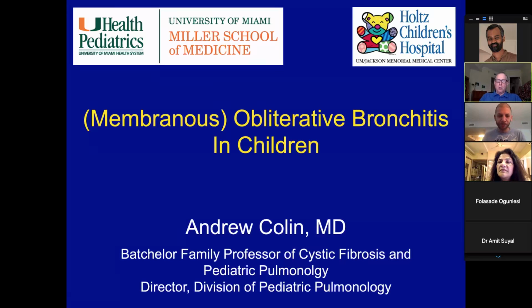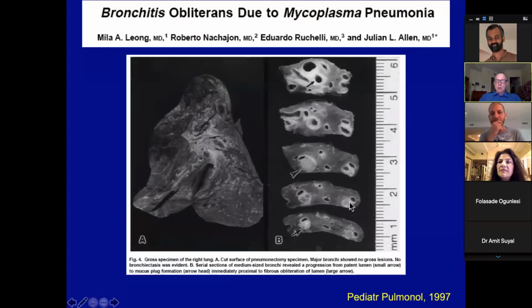So the concept of bronchitis obliterans, and be not confused with bronchiolitis obliterans, is not entirely new, but it's rarely discussed. If you do a search, you will stumble into bronchiolitis obliterans all the time, and it is very difficult to find the few cases that actually deal with bronchitis.